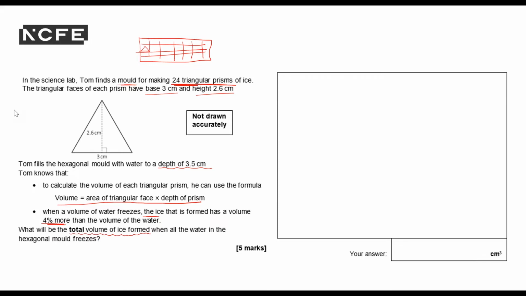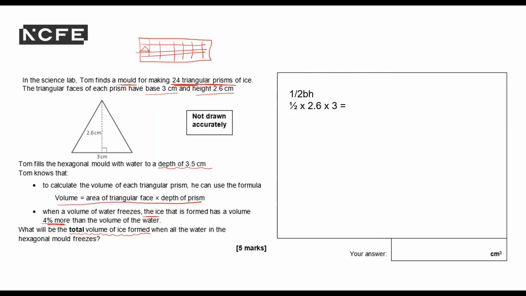The first thing I'll do is calculate the area of the triangle. I know the area is a half times base times height. And here, that means I've got half times 2.6 times 3.